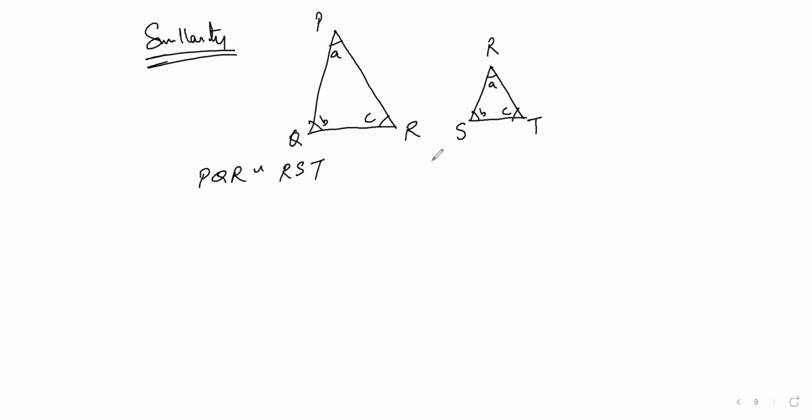The property is that their corresponding sides, PQ to RS, will be equal to the other corresponding sides, QR to ST, will be equal to PR to RT.